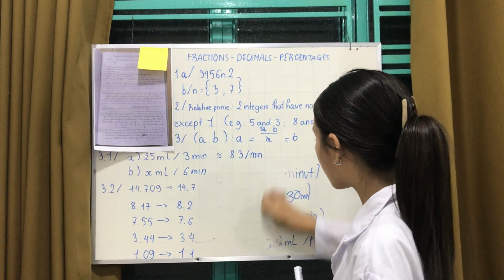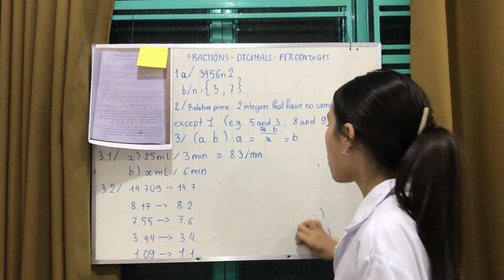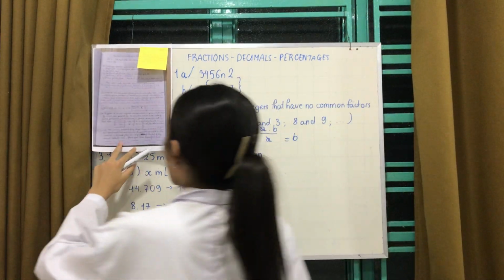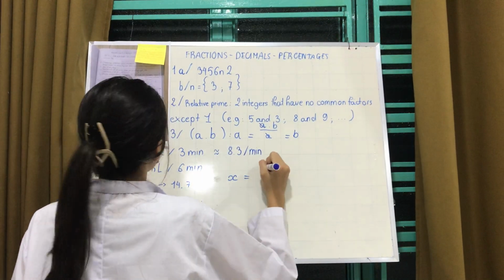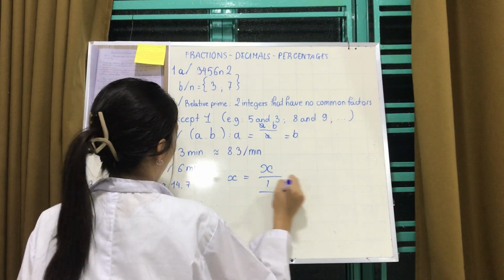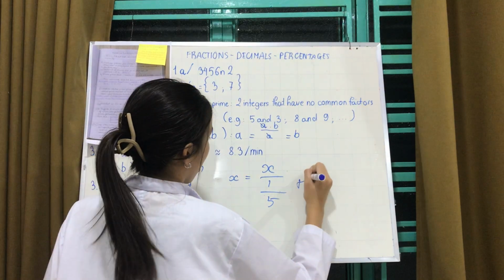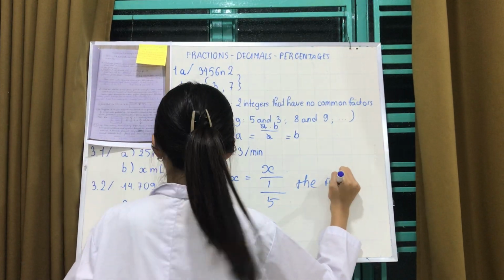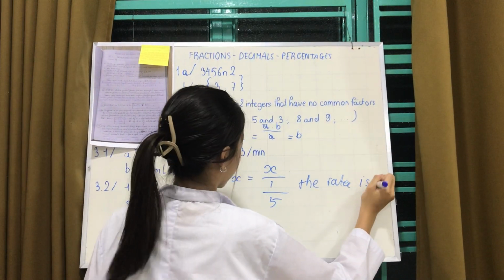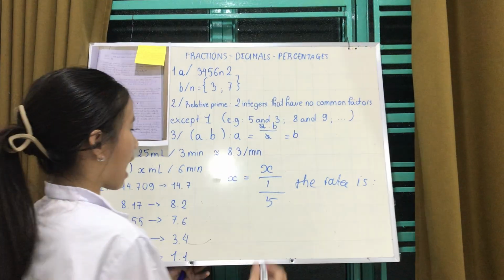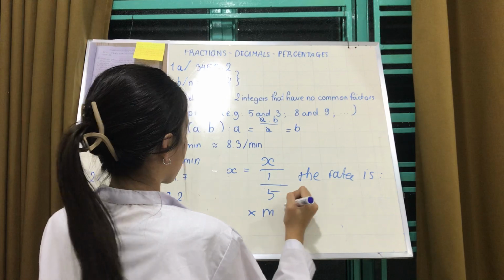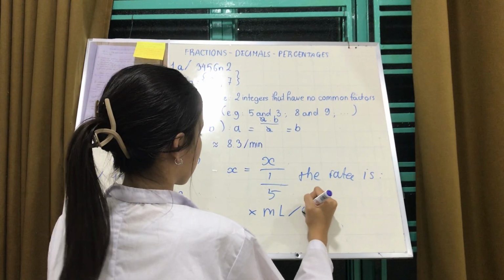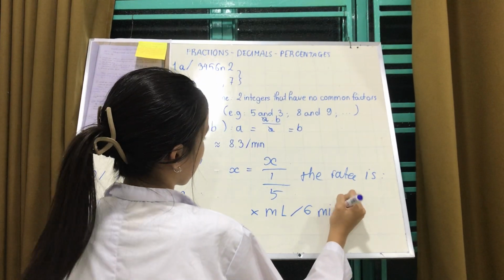A, 3.1a. For 3.1b, if X equals 30 over 1 over 5, the rate is, so the rate I found, X milliliters per 6 minutes.